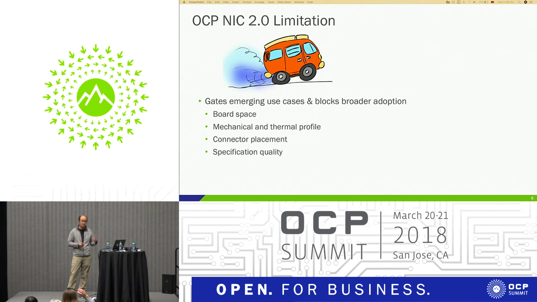A few areas were the ball space, the mechanical and thermal profile limitations, and the connector placement wasn't friendly for PCIe routing, as we had 2 connectors on opposite sides of the card. Also, the specification was written in an incremental way, like the 2.0 spec says it is based on the 1.0, and here are the changes. So the readability wasn't great.